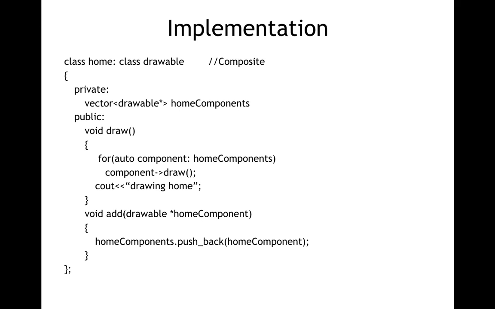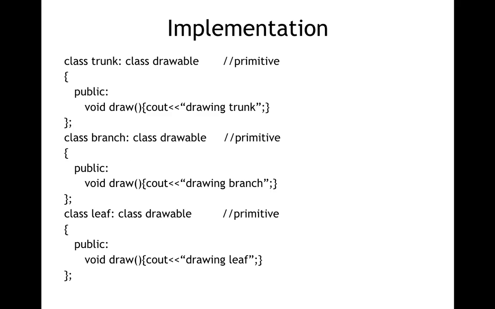And in this class I would have a private member which is a vector of all drawable home components, and in my draw operation I would iterate over all the home components and call draw on each of them. In that, I would say I'm drawing home, and I have also given the facility to add drawable home components.